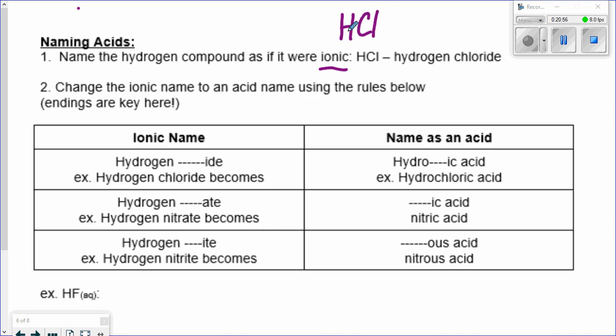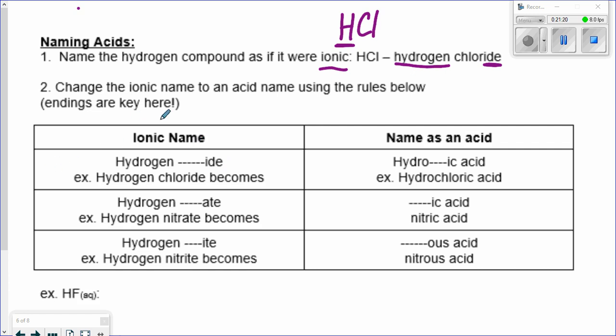We name the first element in full, so hydrogen, and the second element with the ending changed to IDE, so hydrogen chloride. If this was a polyatomic, we keep the ending the same. Then we change the ionic name to an acid name using the rules below. So the endings are key here.